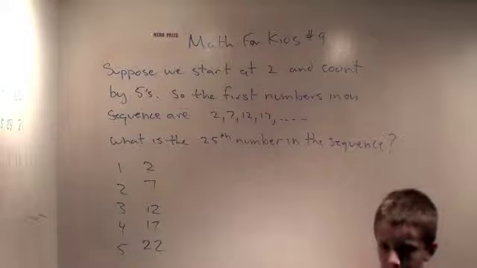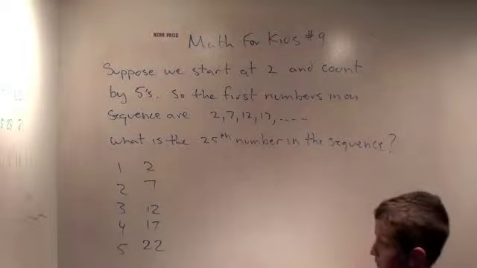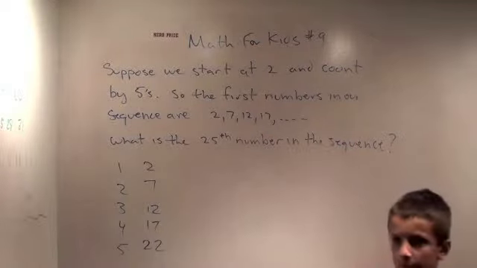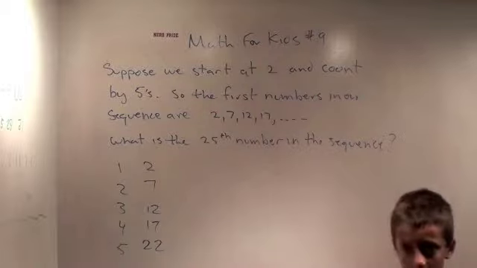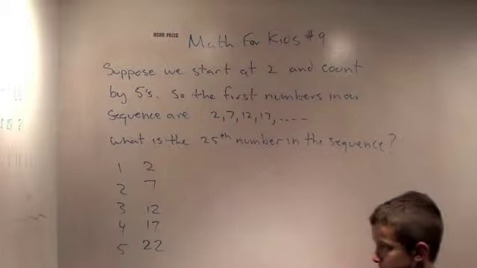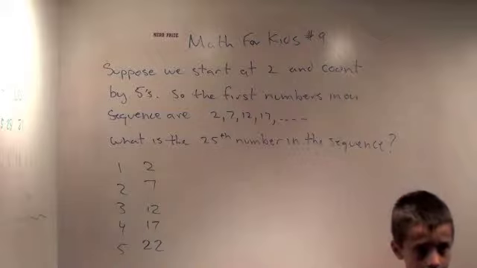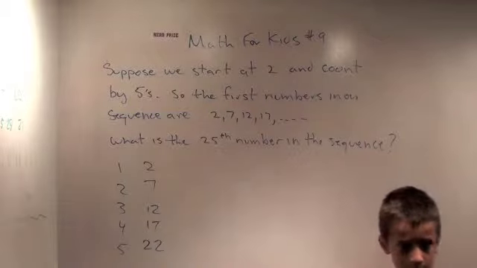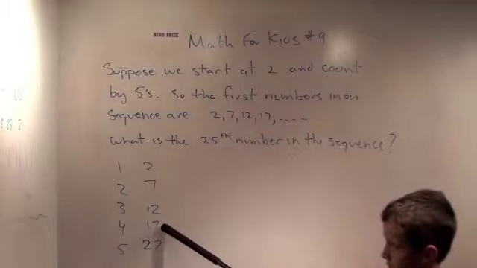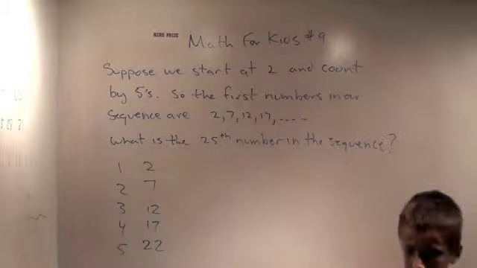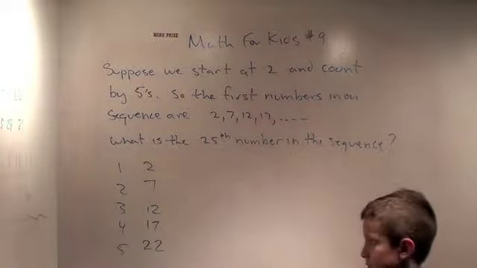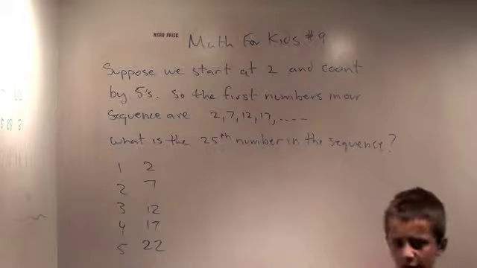You're adding 5. I got from 2 to 7 by adding 5. How did I get from 7 to 12? You added 5. How did I get from 12 to 17? You added 5. Here's a tricky question: how many 5s did I have to add to get to 17, starting from 2? 3.